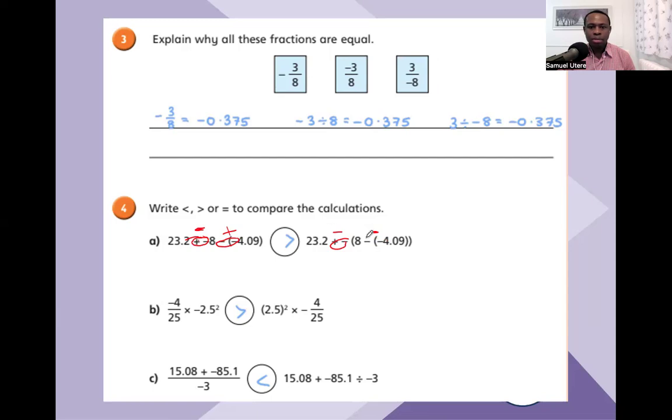These two will become negative. You will have really interesting results. Okay? It's just to help you really understand this concept really well.